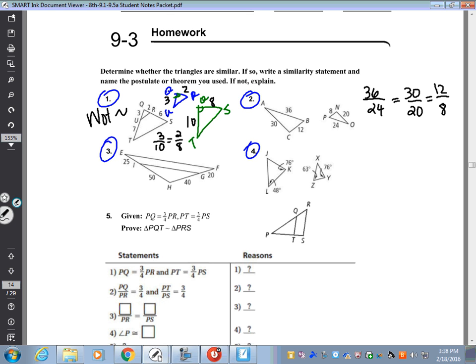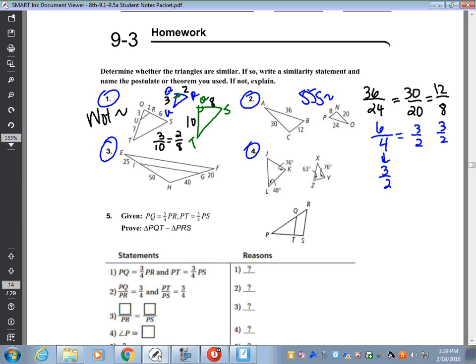Y'all know the shortcut to check? Six over 4. 6 over 4 can be reduced, right? So 3 over 2. 3 over 2. Yep, so this is side, side, side.